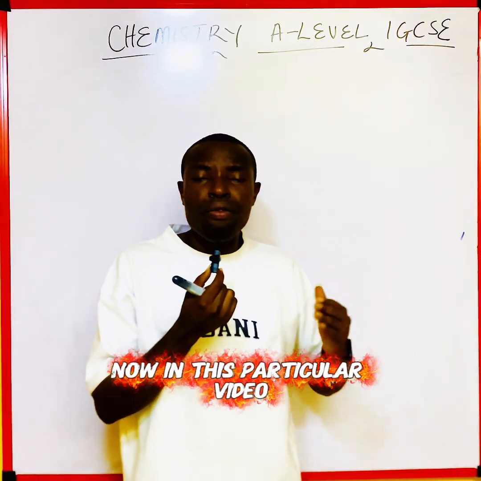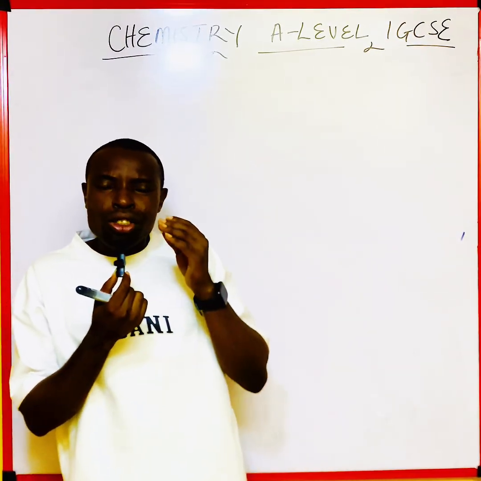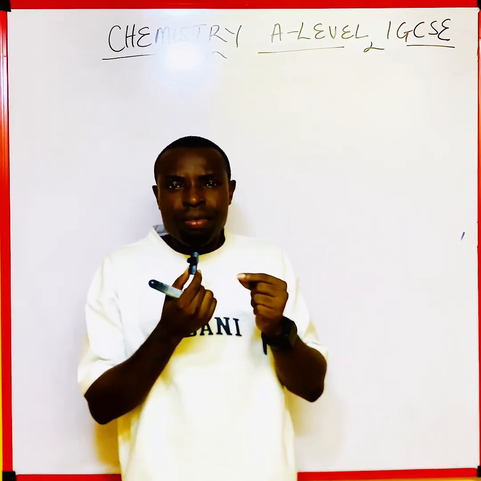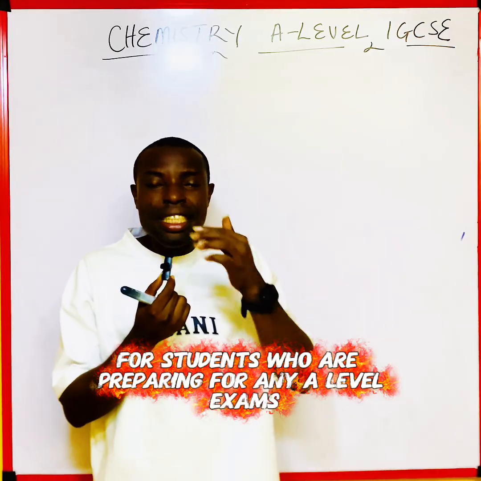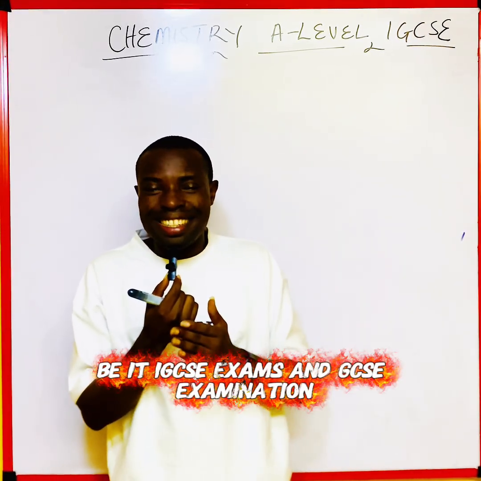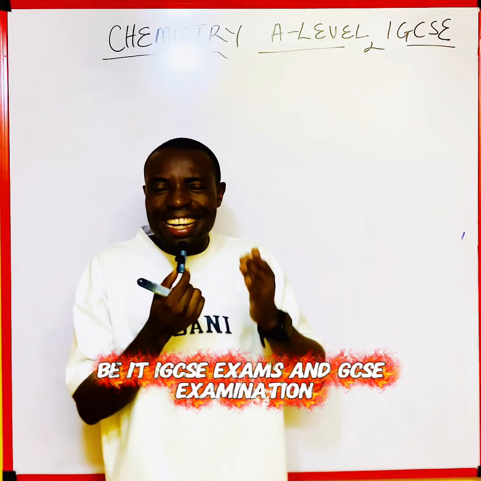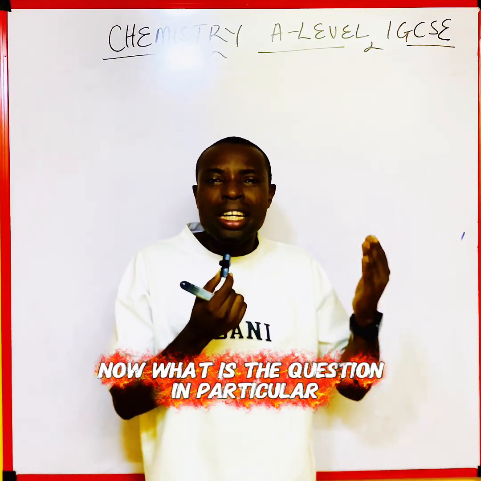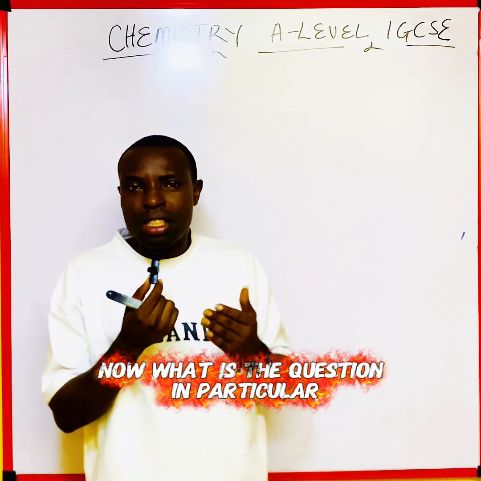Now, in this particular video, we're going to be talking about a very important question in stoichiometry for students who are preparing for any A-level exams, be it IGCSE exams and GCSE examination. Now, what is the question in particular?